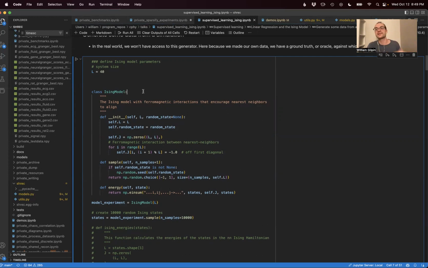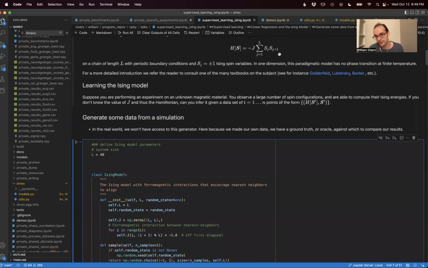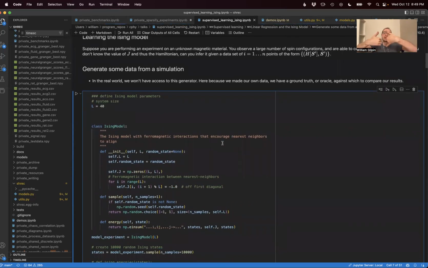You can imagine this as me doing my experiment and collecting my data. For this, I'm going to implement the Ising model. I'm going to have nearest neighbor interactions, which is actually the same as what this specifies here. Basically, I want to align with my nearest neighbor, but I don't care what my next k neighbors do, right? You still might see a tendency to align because this neighbor aligns with its neighbor down the line, but the actual interactions here are just nearest neighbors.